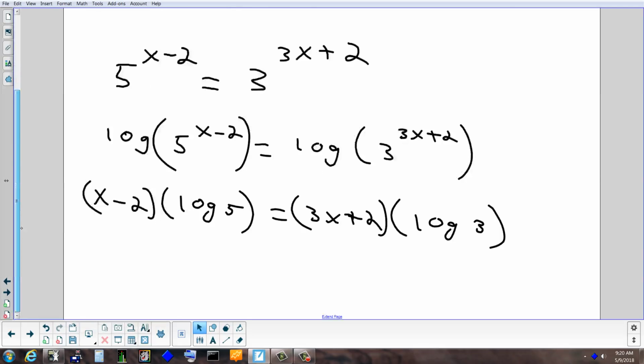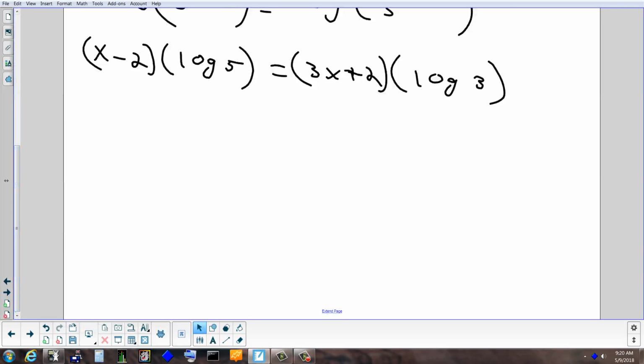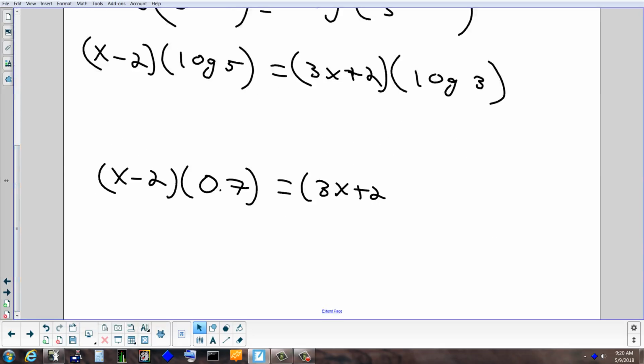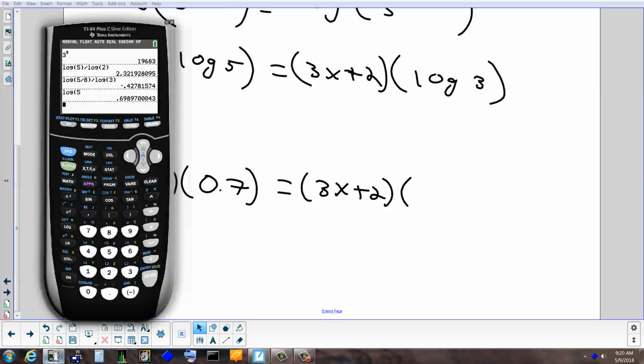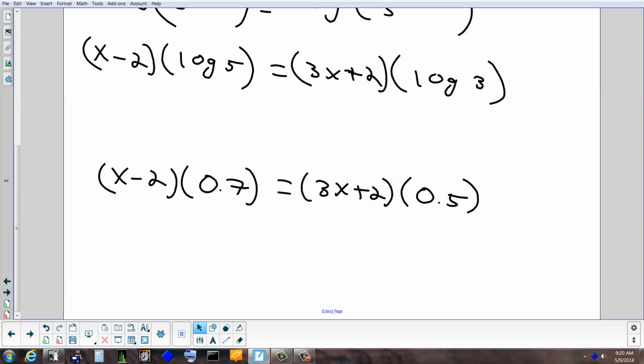So this equation, which I'm going to erase in a second, is basically like having x minus 2 times 0.7 equals 3x plus 2 times, and the log of 3 is about, let's just call it 0.5. I'm not going to use that because that's rounded pretty bad, but it's about 0.5. So if you can solve that equation I just wrote, that's exactly the same as solving the equation up above.